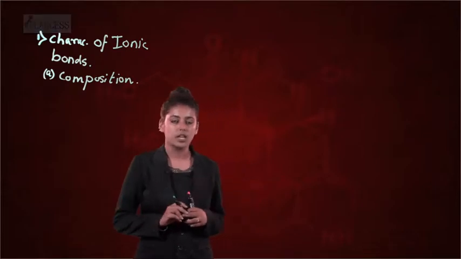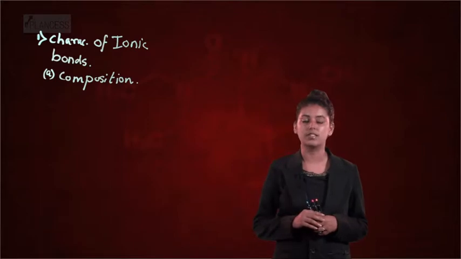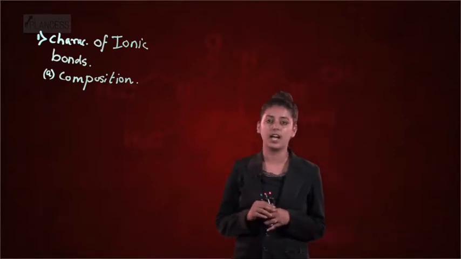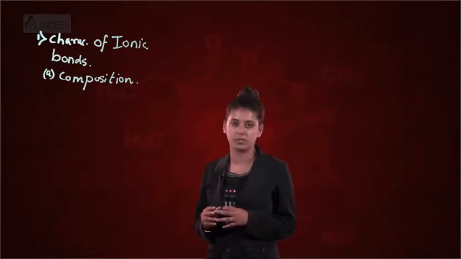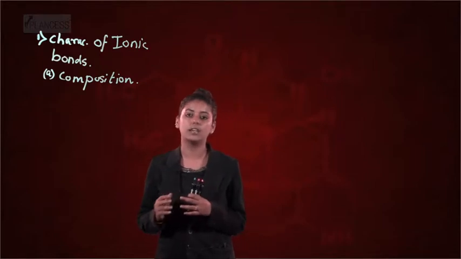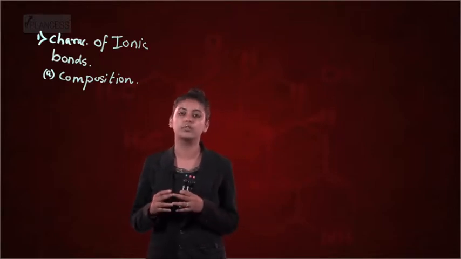The next is the melting and boiling point. Now, ionic bonds have high melting and boiling points. The reason for this is that they have a high electrostatic force of attraction between them, and thus a high amount of energy is required in order to break these bonds.